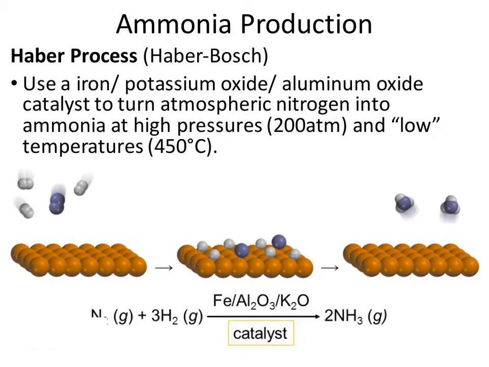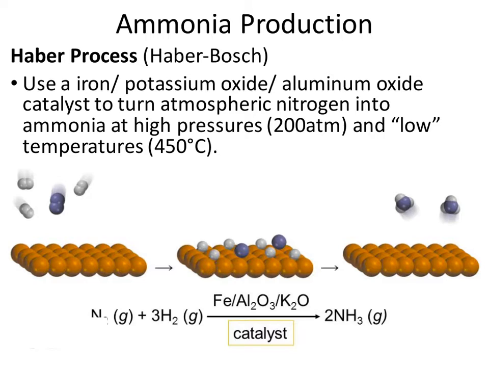So one of these processes that uses a catalyst is called the Haber process. And this is using iron, potassium oxide, and aluminum oxide as a catalyst to turn this atmospheric nitrogen into ammonia. So we have nitrogen and we have 3 mole of hydrogen.